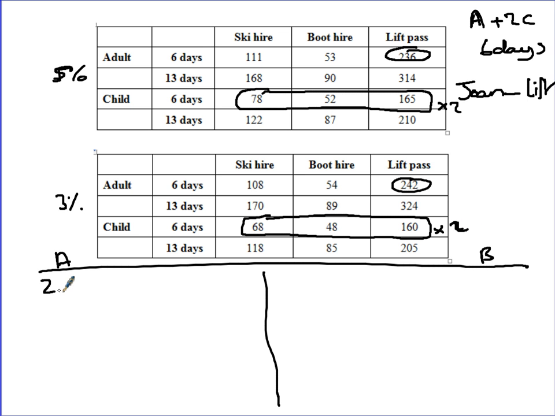So we've got 236 plus 2 lots of 78 plus 52 plus 165.